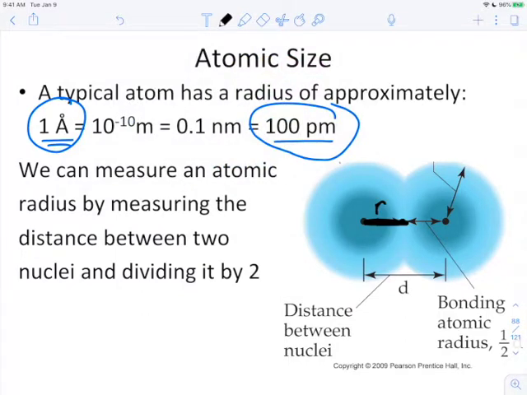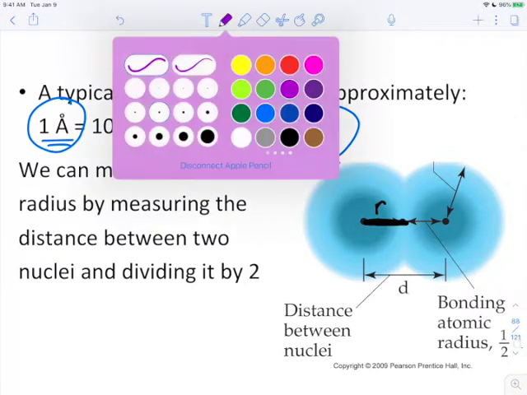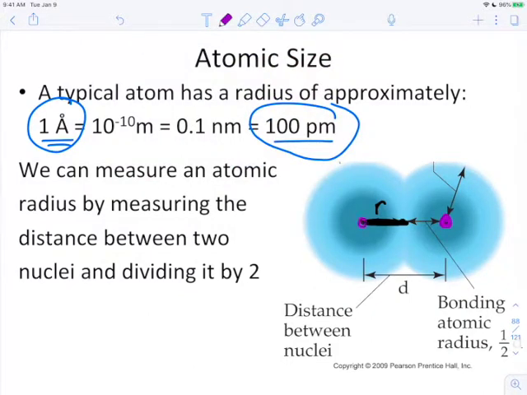So radius is halfway across the atom. We would shoot that X-ray, we would have the computer back calculate for us, and then we would find out how far apart these two nuclei are. And these two nuclei need to be of the same atom, so 2 hydrogens, 2 chlorines, or so on.